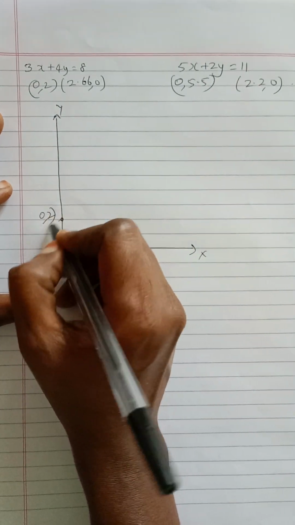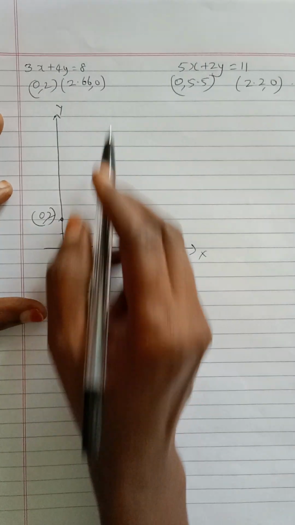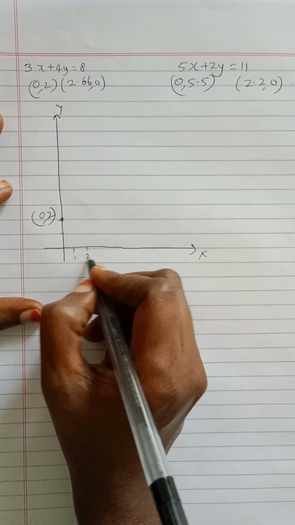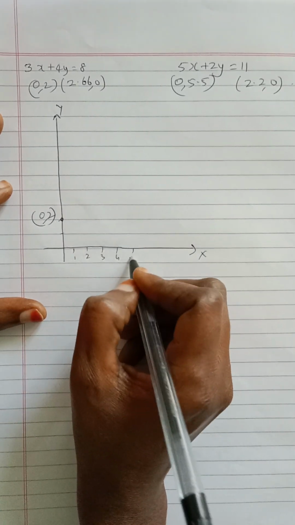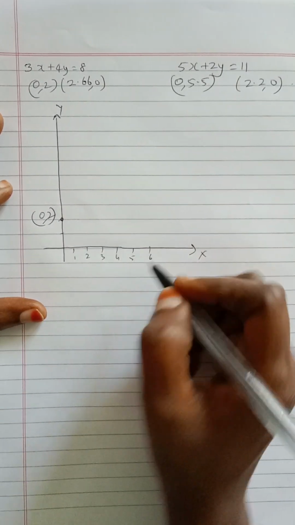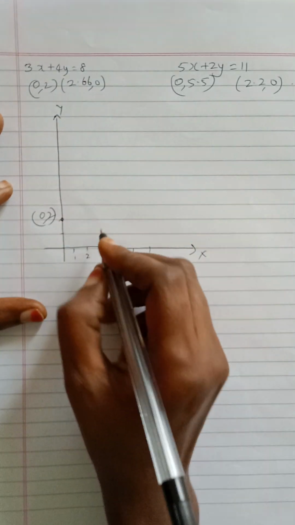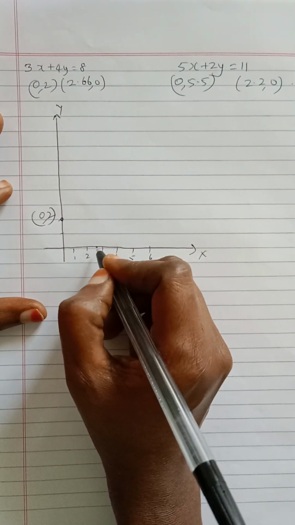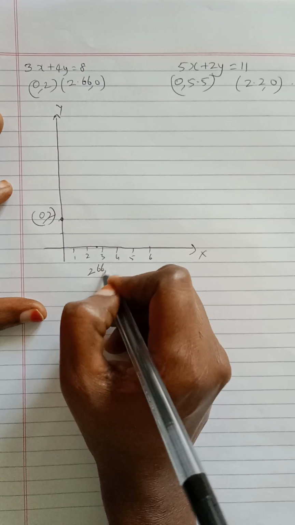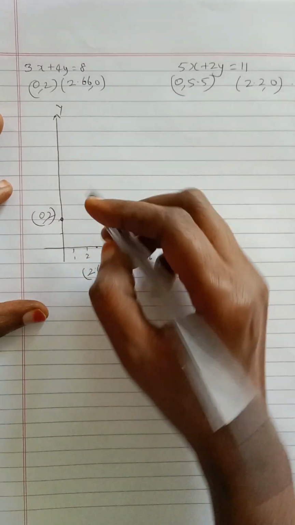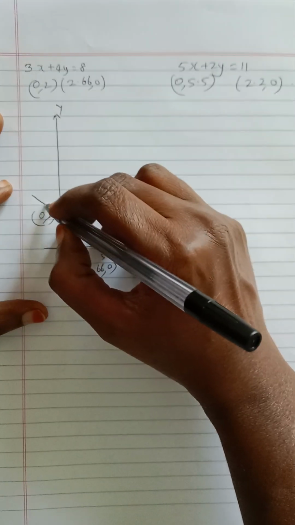Now 2.66 and 0, so 2.66 will be this one. So draw the line.